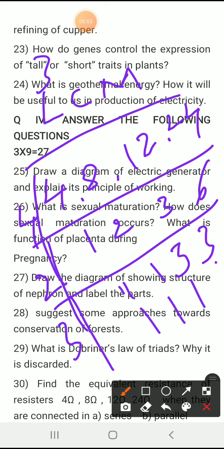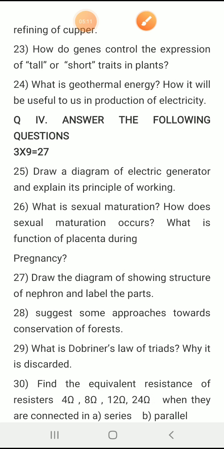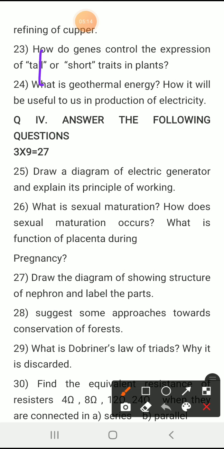So 3 into 2 into 4, 3 2s are 6, 6 4s are 24. Got it. So 24 is the LCM. So we got the LCM as 24. Got it. After getting the LCM, what are you supposed to do?